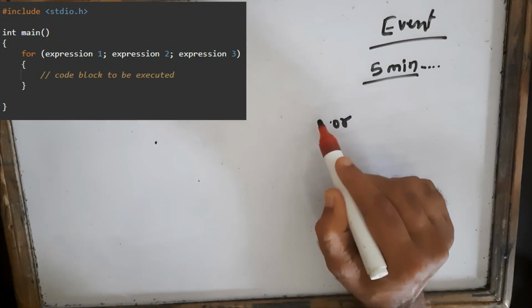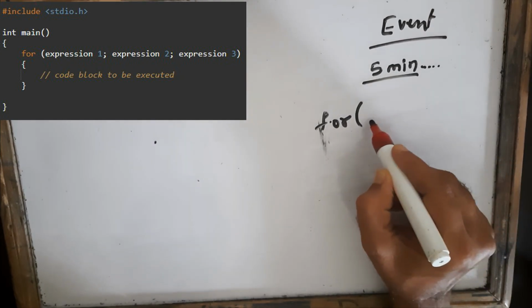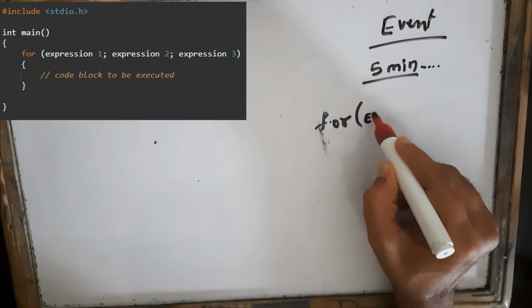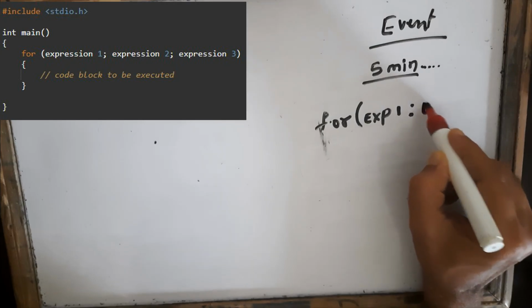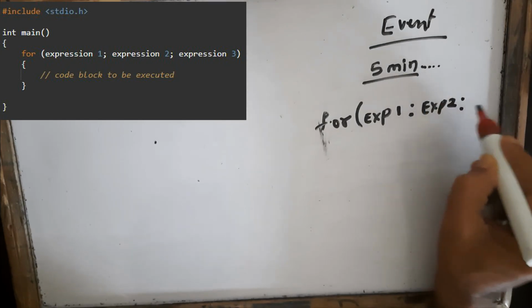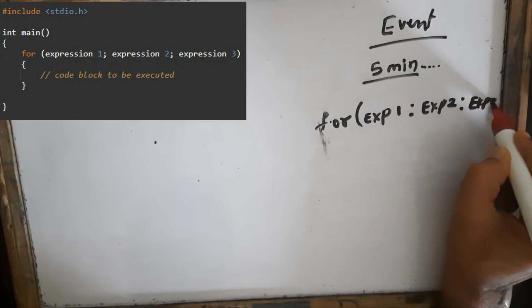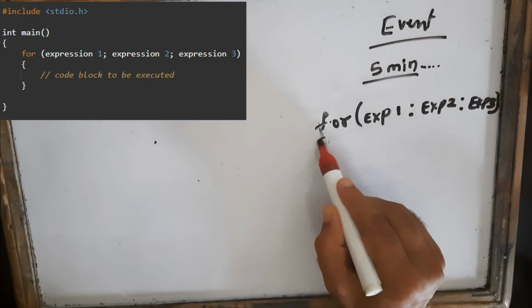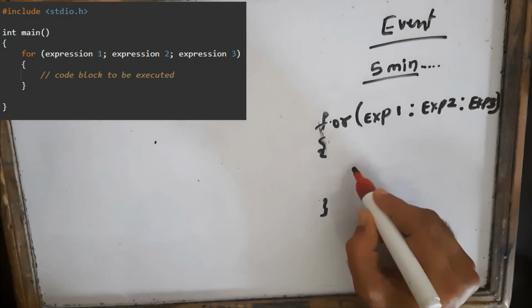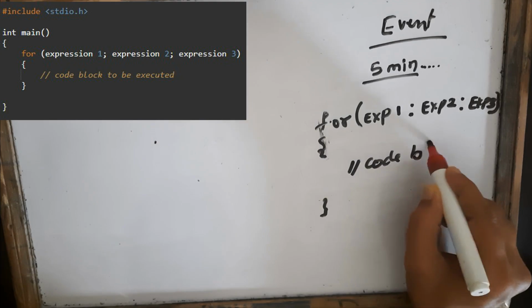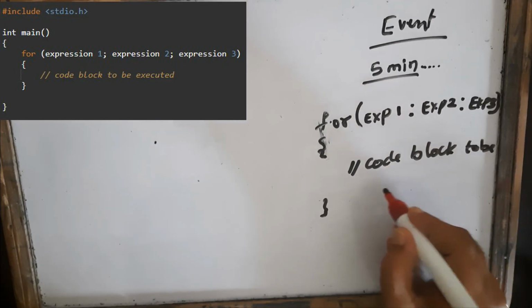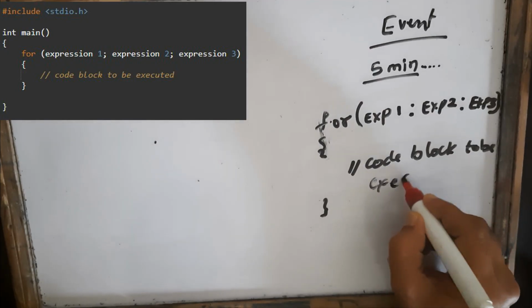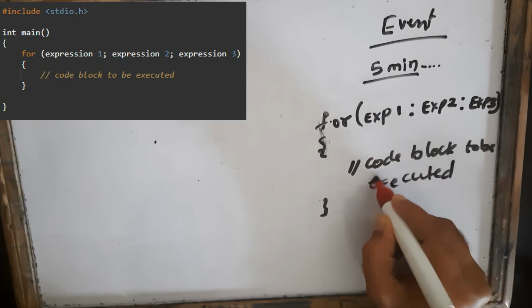The syntax is: for, open bracket, expression 1, semicolon, expression 2, semicolon, expression 3, close the bracket, then curly brackets with the code block to be executed.